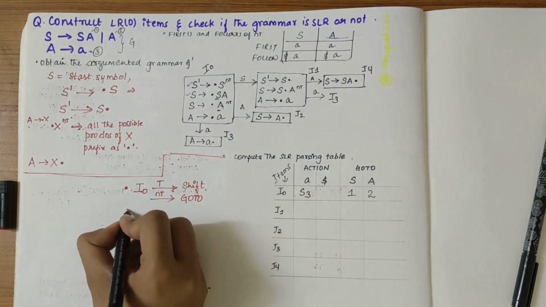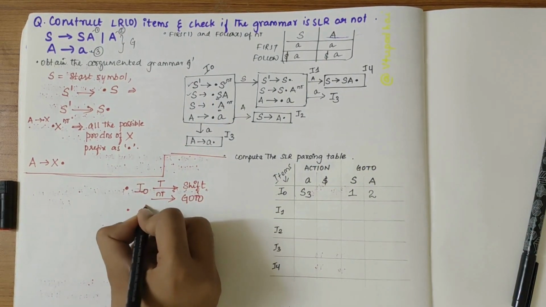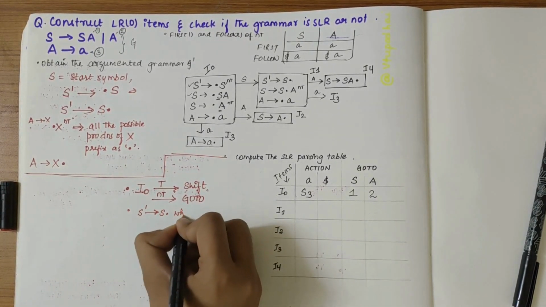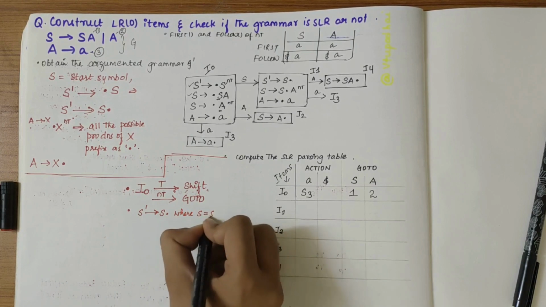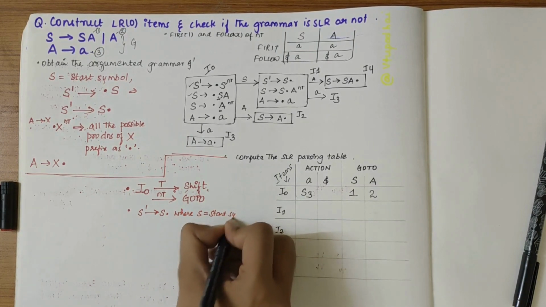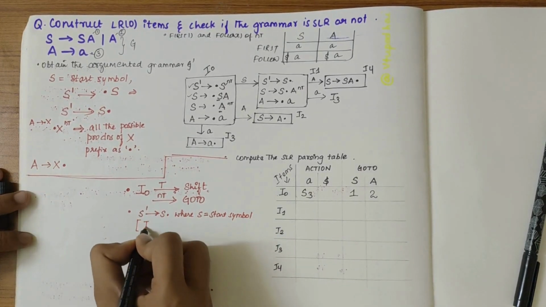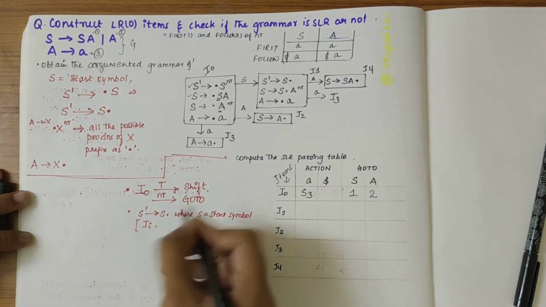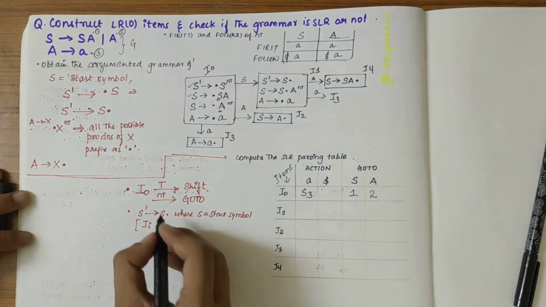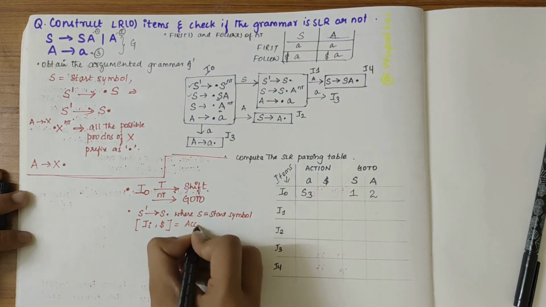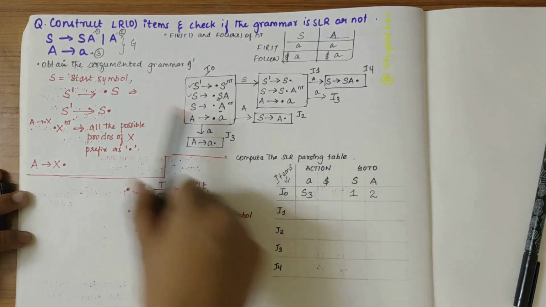So here I need to remember, if I have any production of the form S' derives S dot, where S is the start symbol, then I can write I of I, that is that particular item number, comma dollar, should be filled with accept.